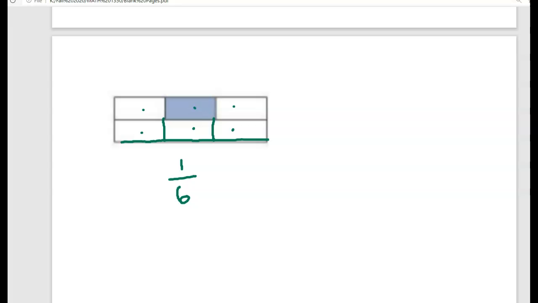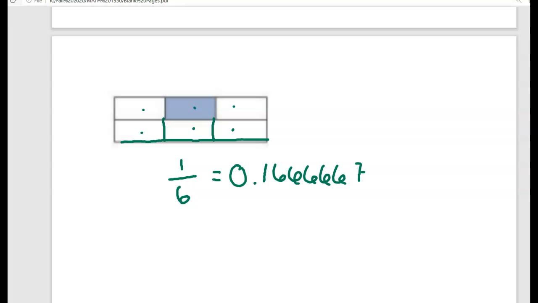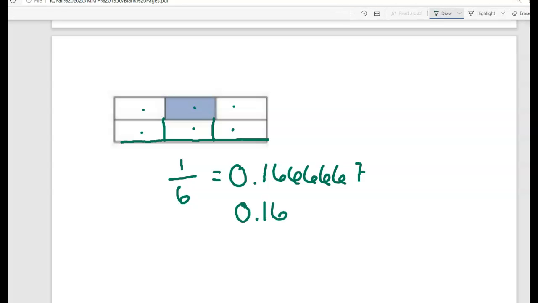The reason why I want to look at this one is because whenever we divide 1 divided by 6 in our calculators, we get 0.166666666, and then you have a 7 at the end. Well, the 7 at the end does not mean that it actually stops. What this means is that we have a repeating value.